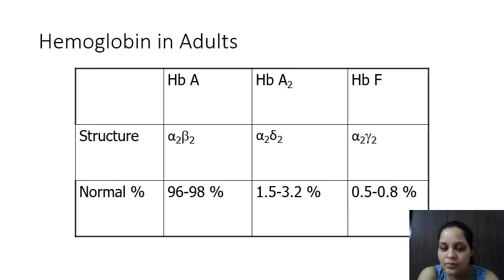HbA2 consists of two alpha chains and two delta chains, and its percentage is 1.5 to 3.2%. And in a very small amount, HbF is found, consisting of two alpha chains and two gamma chains, around 0.5 to 0.8% during adult life.